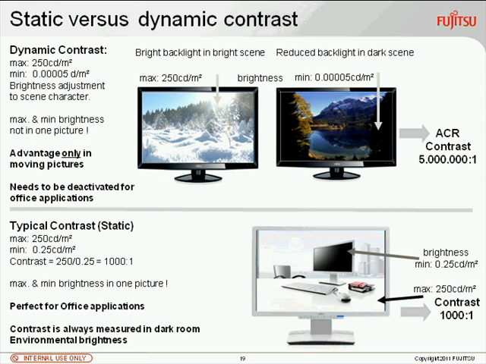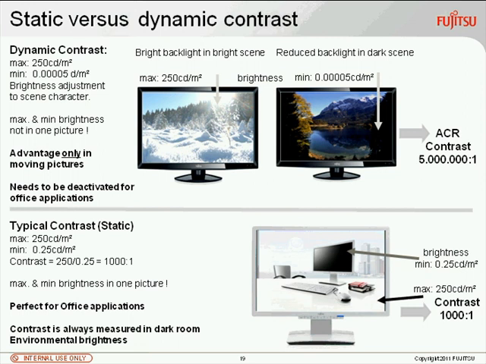So this is important for static pictures, for office applications, for example. What is now dynamic contrast, or as we call it, advanced contrast rate? There is a circuit in the display, and this circuit looks at the average brightness of the screen content. So if the screen content is very bright, it switches the backlight to the maximum.